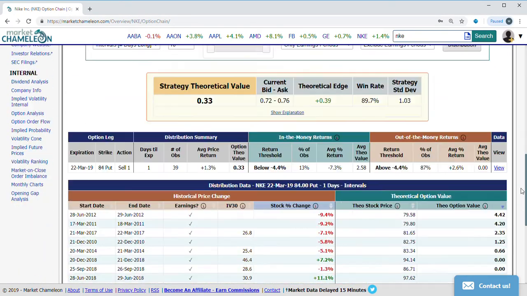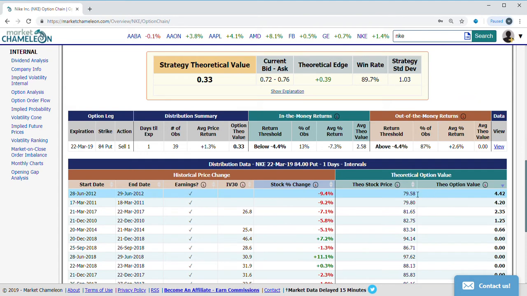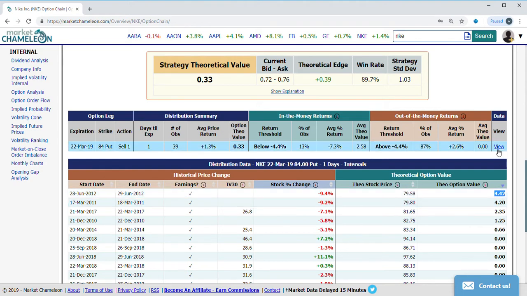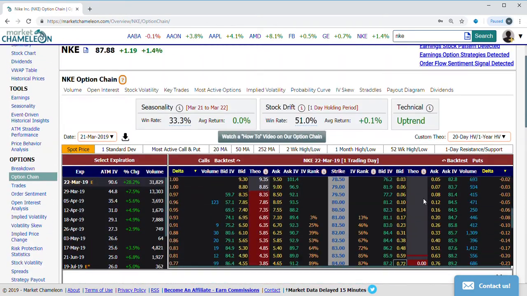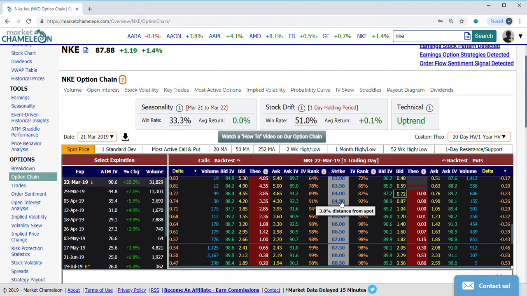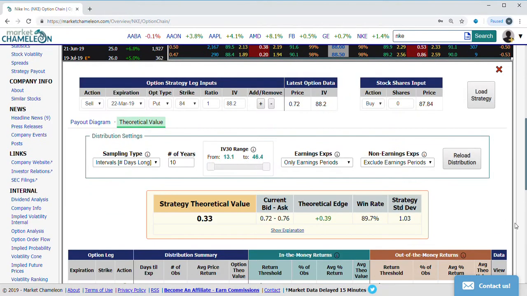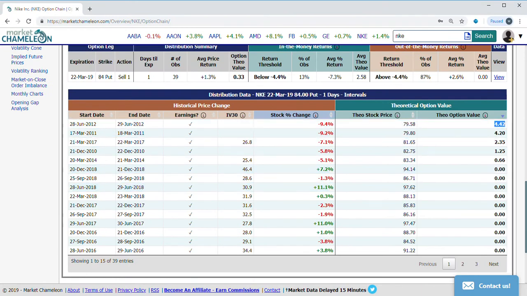If it fell 9.4%, that would put us at 79.58. So theoretically, if that's what happens, then our option would be worth $4.42. The stock price would fall right through the 84 strike and stop at, for example, 79.58. That would make that option worth $4.42.